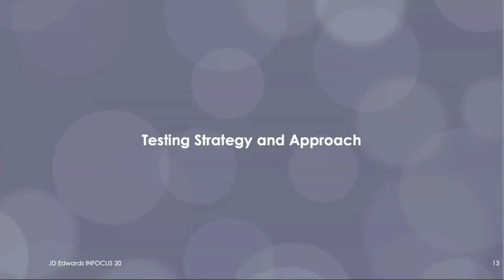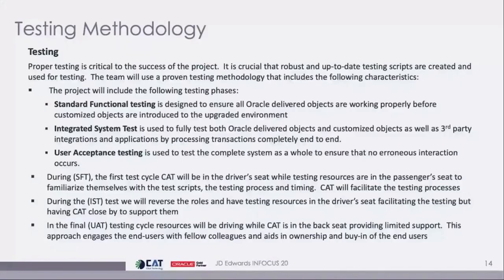And what I mean by iterative is during that SFT, the C&A Technology resources are going to be in the driver's seat. A lot of the testing resources that we have seen on projects don't have a lot of experience doing testing. Maybe you haven't done an upgrade in a number of years. Need to kick the rust off a little bit. So we're going to be in the driver's seat. You guys would be in the passenger seat.